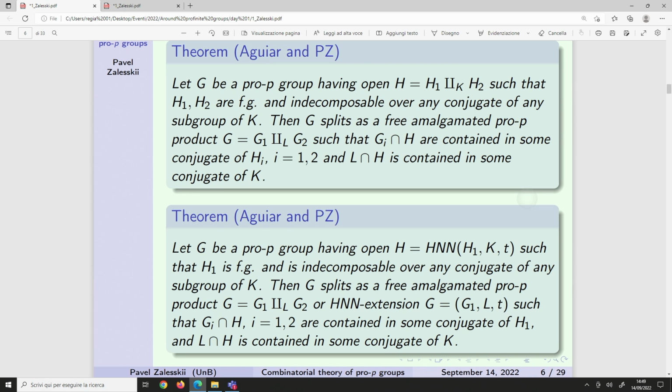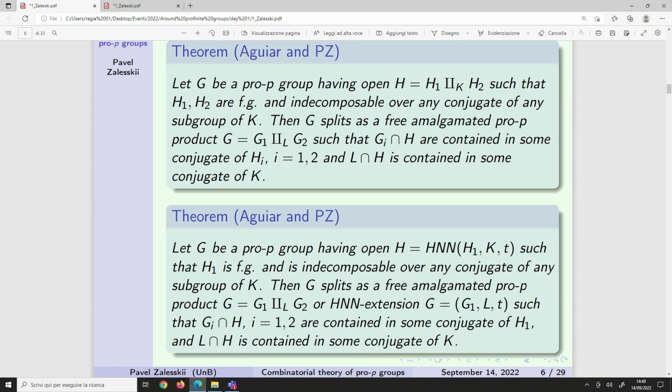It says as follows. Now we have a Pro-P group that splits again as an amalgamated product or HNN extension. I do them in parallel, you see, because it is basically the same statement. It splits, but now our amalgamated subgroup or associated subgroup K is not finite. It doesn't have to be finite. Nevertheless, the result is still true.